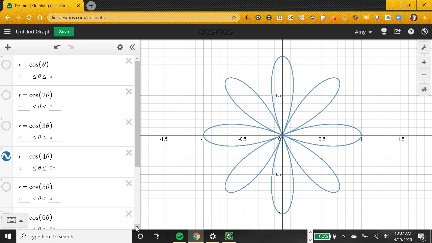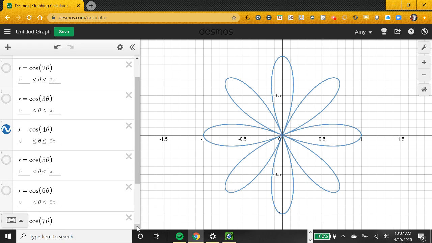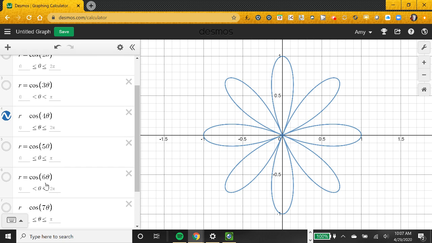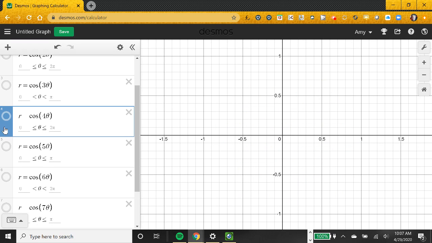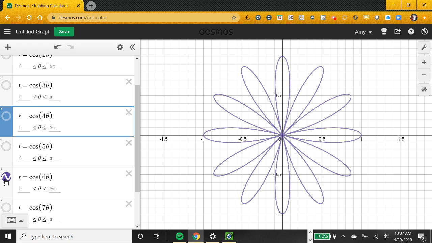So let's see if we can predict how many petals we're going to have if we have a period factor of 6. Well, if 2 gives us 4 petals, 4 gives us 8 petals. I'm hearing it from the back of the room. Let's see. Oh, I heard a big 12 petals.